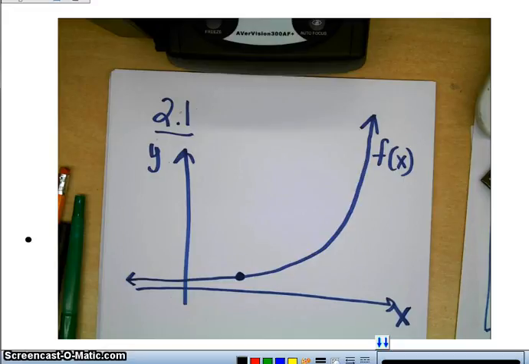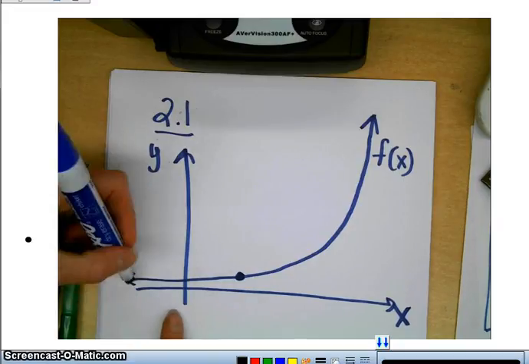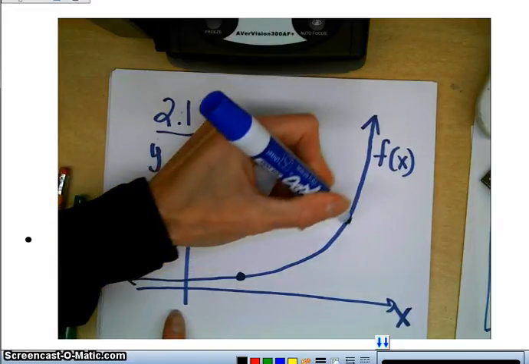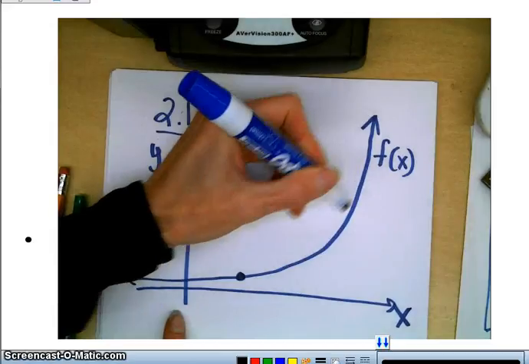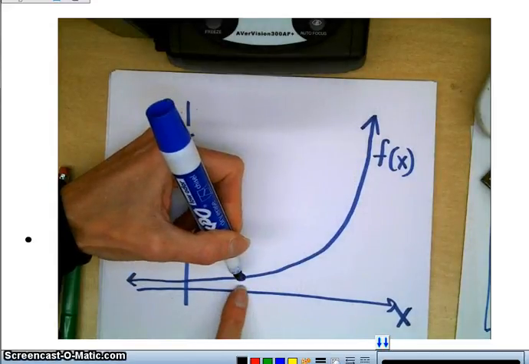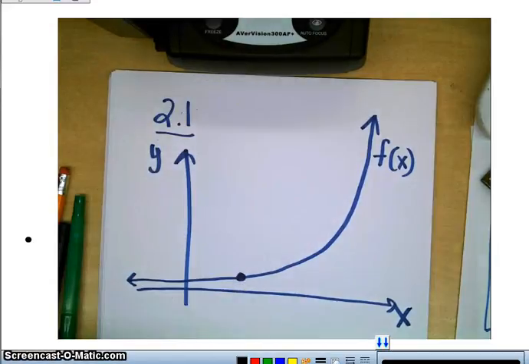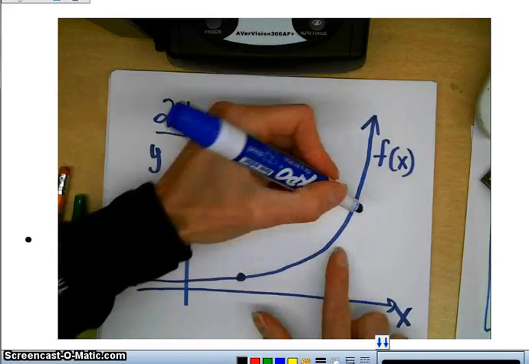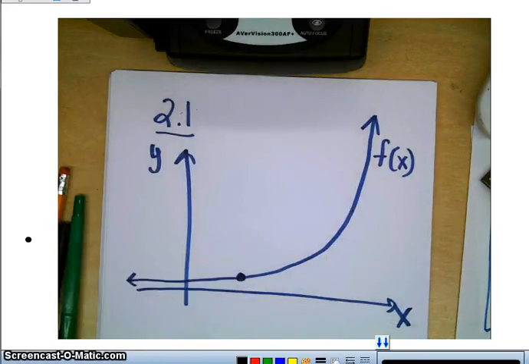So if there's a bug crawling on this line, and you wanted to find out exactly how fast that bug was moving right there, how could you find it? That has to do with the slope right there, or the slope right there. That's the question that mathematicians wanted to be able to answer.